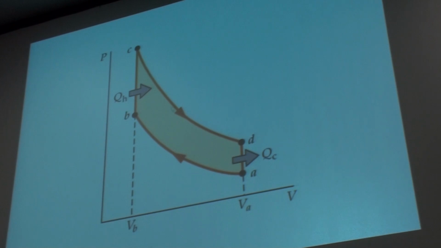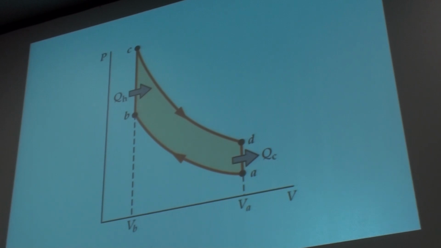Then this gives rise to a power stroke, and at point D, you open up the exhaust valve and let out the unburned exhaust vapors and let them go out your tailpipe. And so that'll be the heat which leaves the system at our lower temperature.